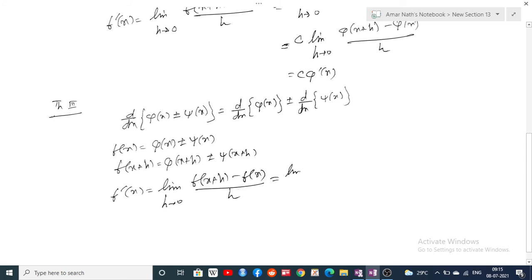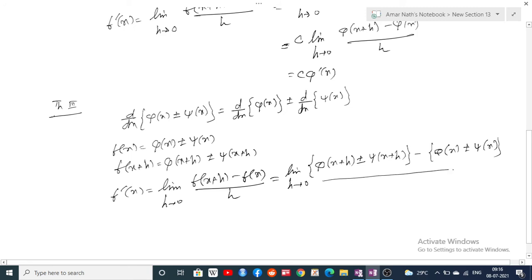Substituting the values, limit h tends to 0 of phi(x plus h) plus or minus psi(x plus h), and for f(x) we put phi(x) plus or minus psi(x), divided by h.